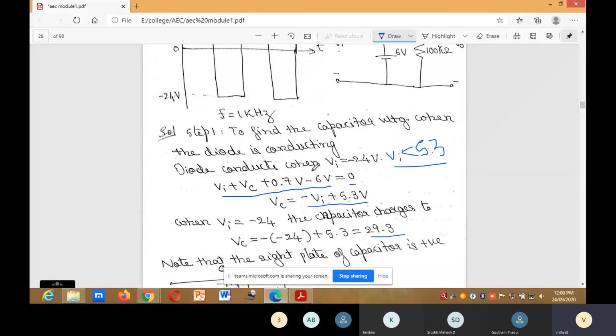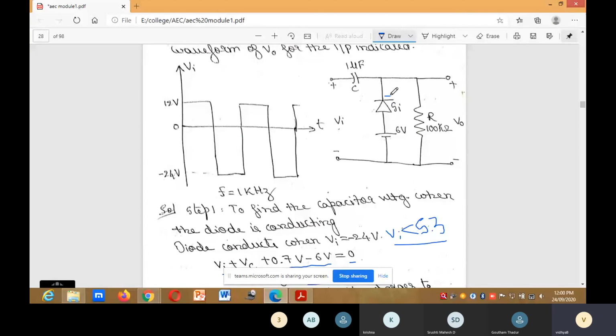When the diode conducts, this is negative and this will be positive. How do you get 5.3? Minus 0.7 plus 6, you will get 5.3.